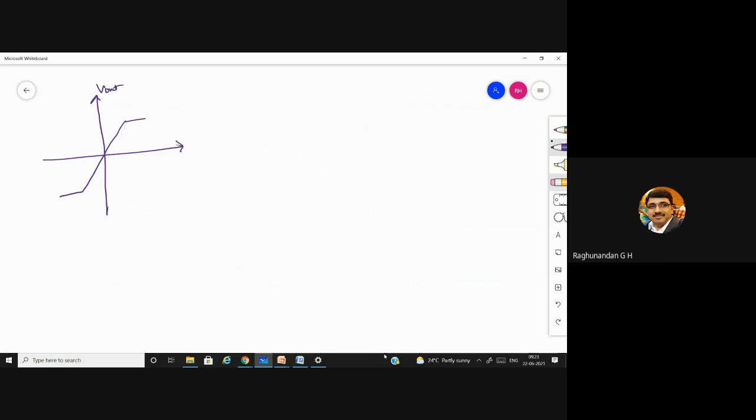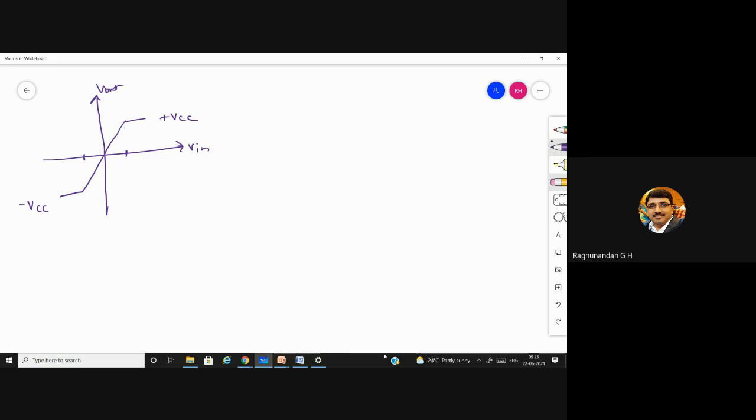This is V out, this is V in, and plus VCC, and this is minus VCC or minus VEE. Whenever there is some minimum threshold needed to turn on the transistors inside the op amp, after that it is going to maintain constant.